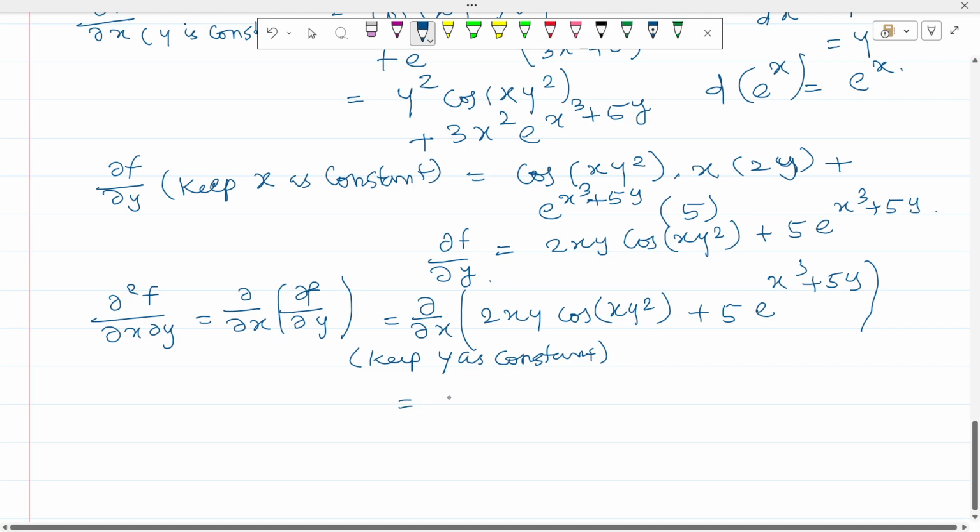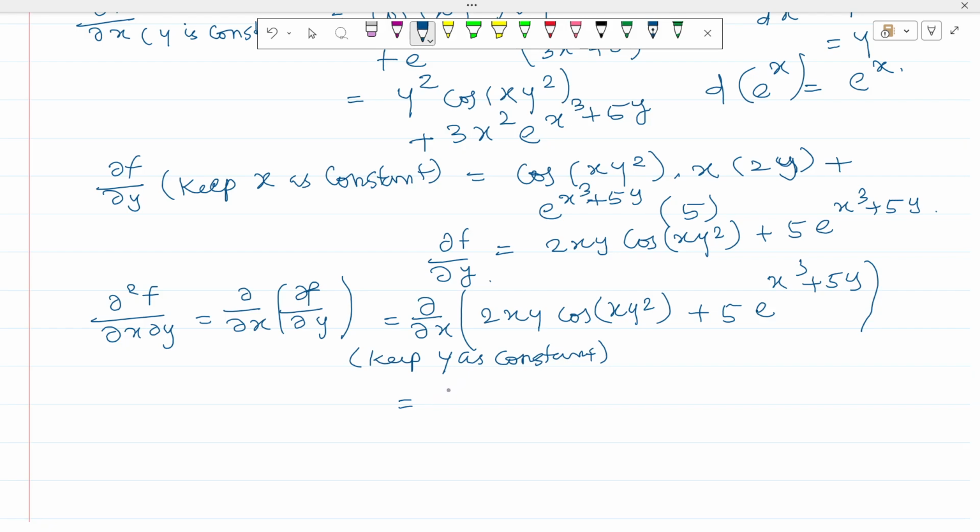Therefore, if you are differentiating keeping y as a constant with respect to x, here what are the constant terms? y is constant.